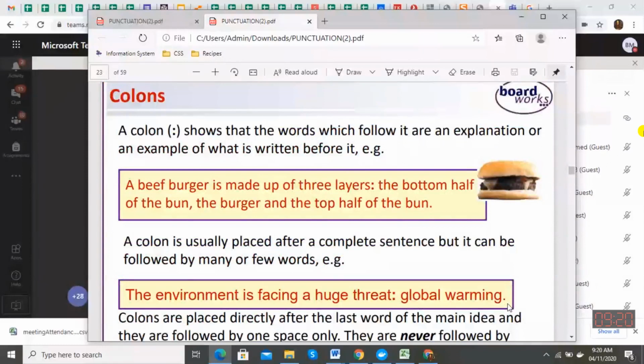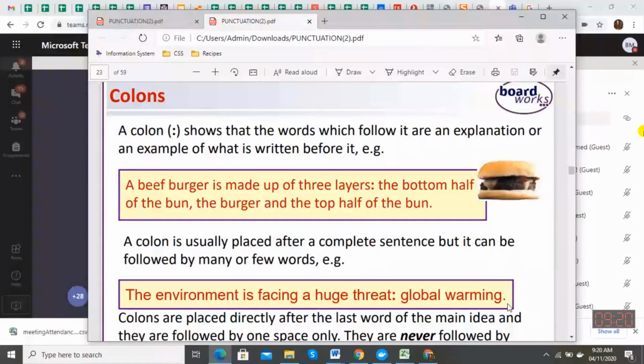Can anyone read it? Anyone from the girls' side? Yes, ma'am. चलिए आप पढ़ दें फिर. A colon shows that the words which follow it are an explanation or an example of what is written before it. For example, a beef burger is made up of three layers: the bottom half of the bun, the burger, and the top half of the bun.